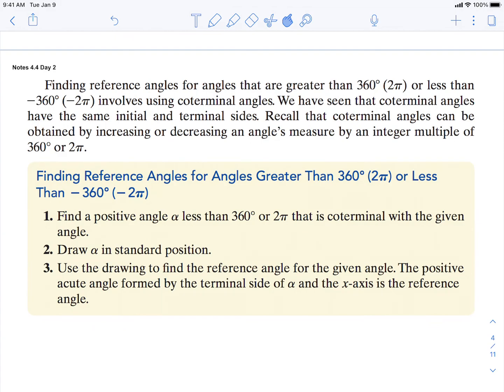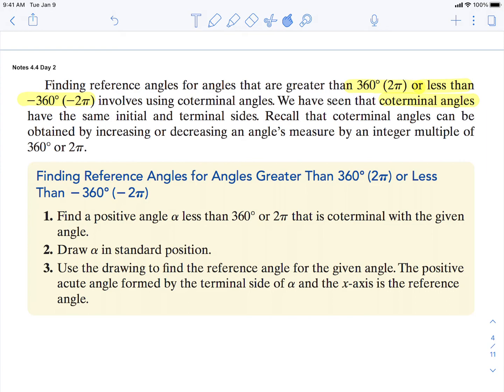When you try to find reference angles for angles greater than 360 degrees or 2 pi, or less than negative 360 degrees or negative 2 pi, we need to work with coterminal angles.